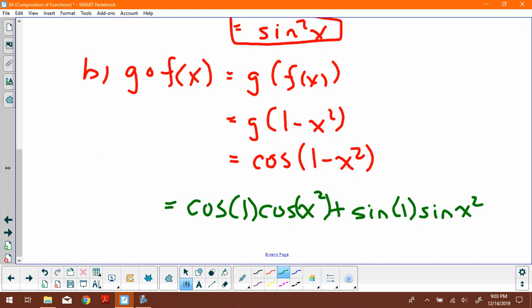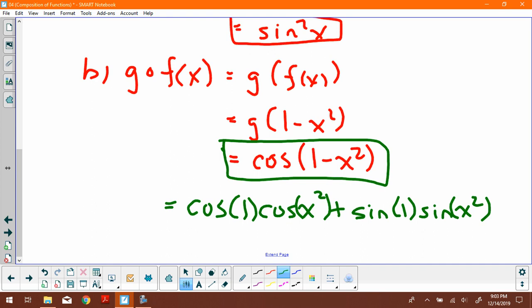I should put some brackets in there to remind myself it's the x that's being squared. We could look up what cosine of 1 is on our calculator. It's not going to be a nice value, but that is an alternate form for that expression. But for our purposes, this is really simple enough.